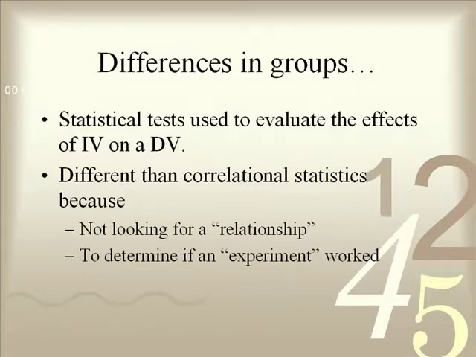Let's say we have 3 different groups of people that we're trying to work with. We're going to use this example in a little bit: different levels of fitness. So we have a high level of fitness, a medium level of fitness, and a low level of fitness.